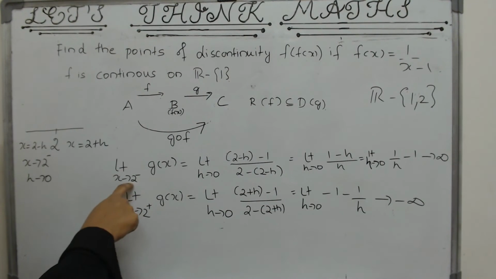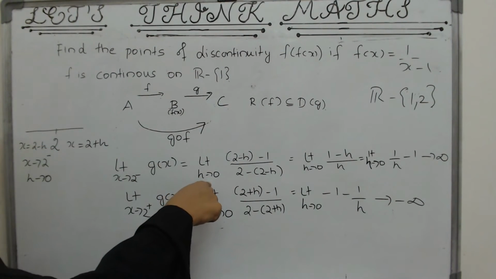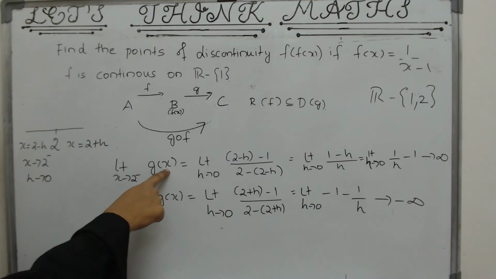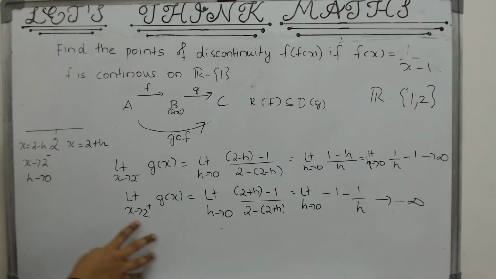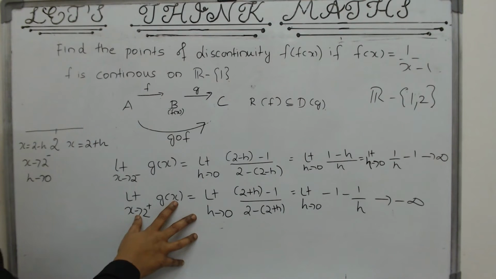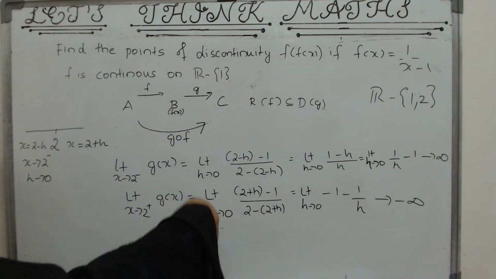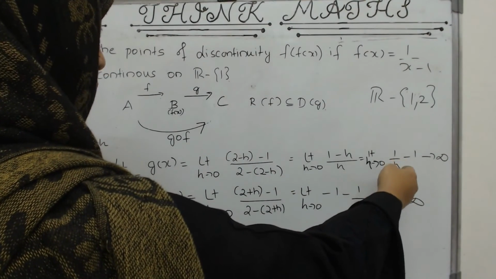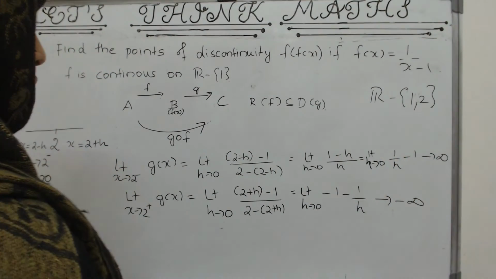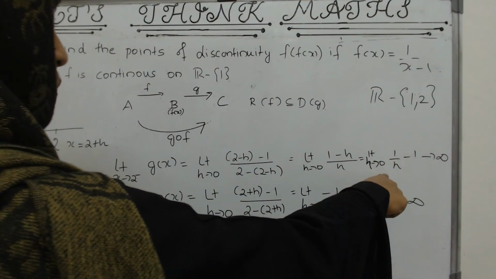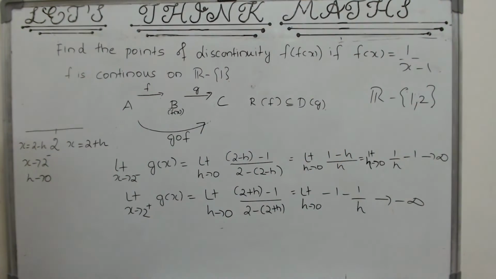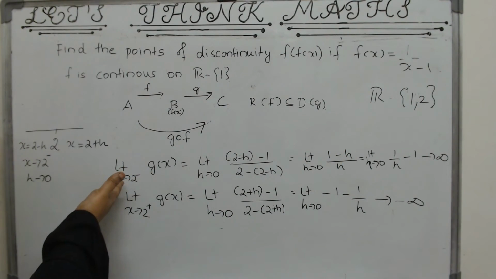Wherever you see x here, put 2 minus h. For the right hand limit, wherever you see x, put 2 plus h. You will see this one is 1 by h minus 1. As h tends to 0, you will see that 1 by h tends to infinity. That is your left limit.